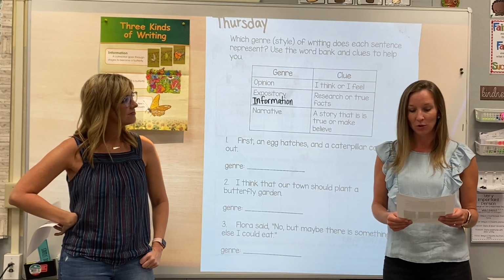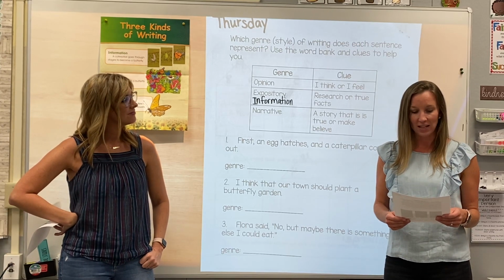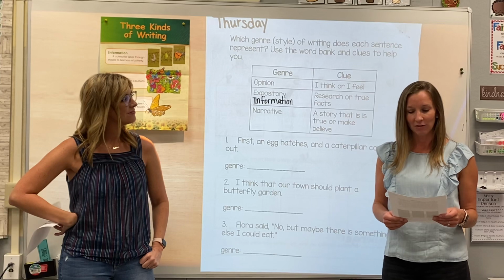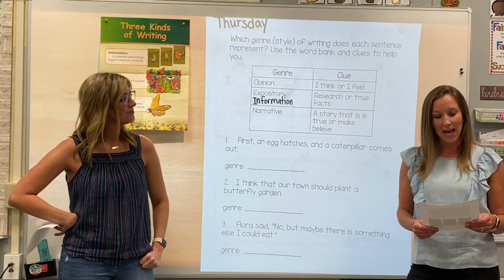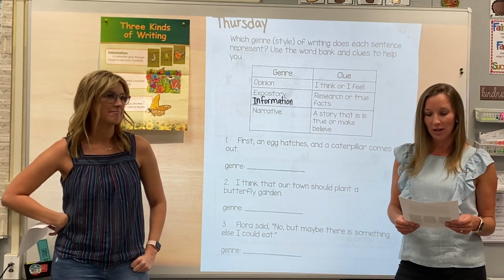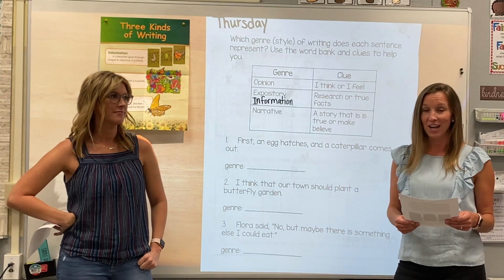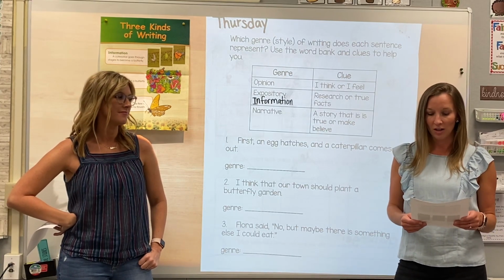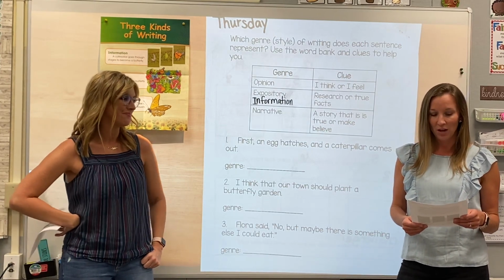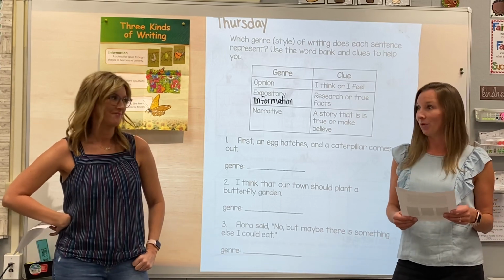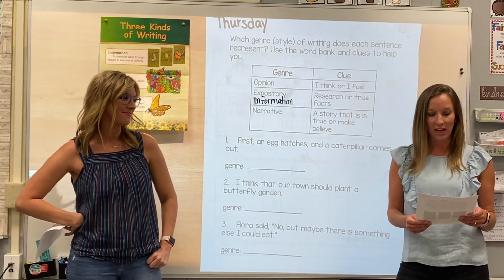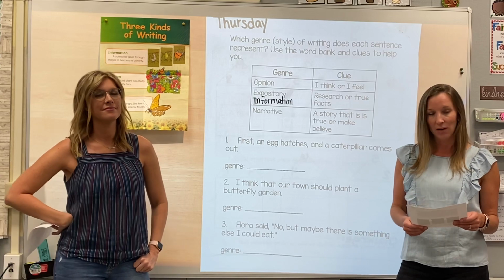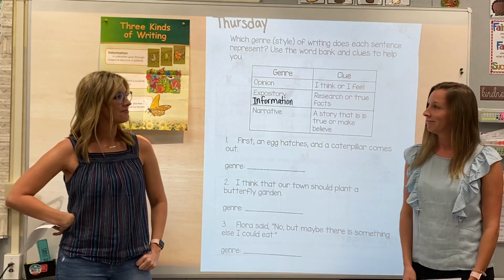Butterflies also help new plants grow. More butterflies in our town will mean more plants and flowers also. Last, people will enjoy the garden and the butterflies. Butterflies are beautiful. The garden and the plants will be pretty too. I want our town to have a butterfly garden. More butterflies and more plants will make our town a nicer place to live.